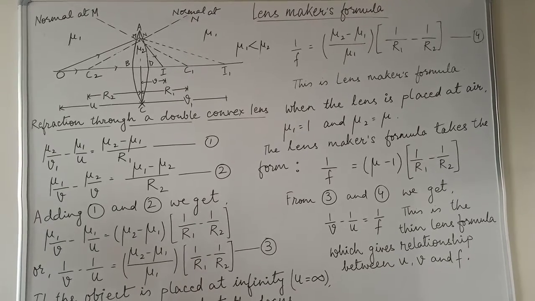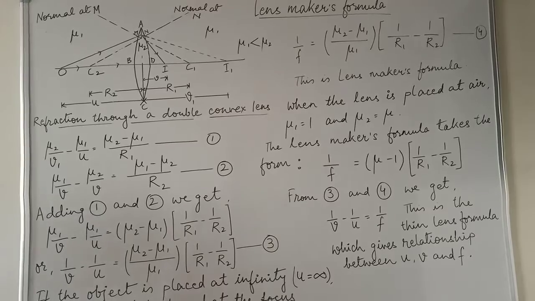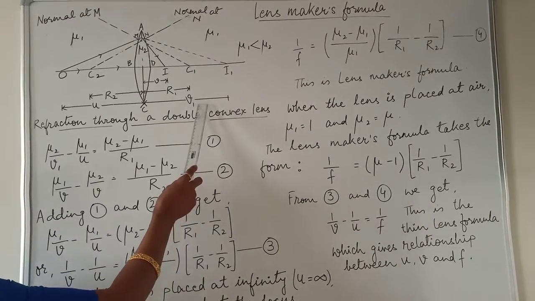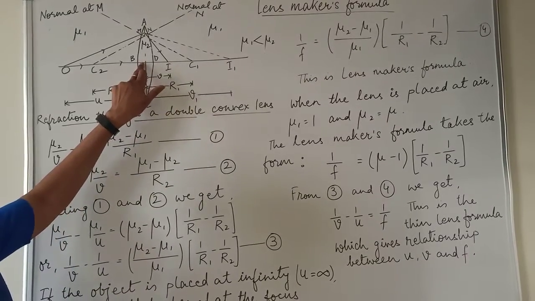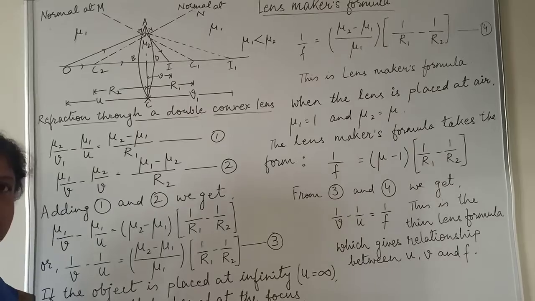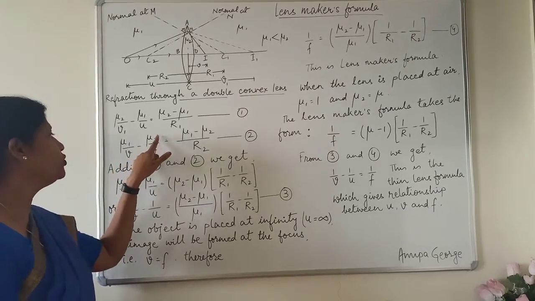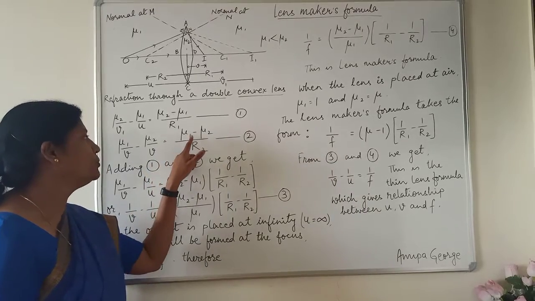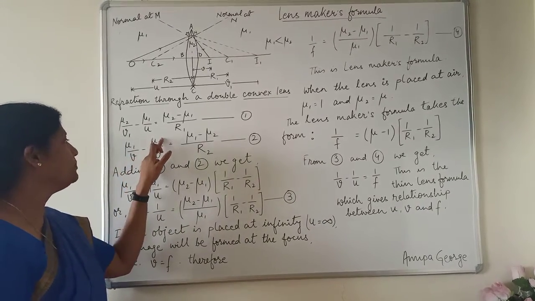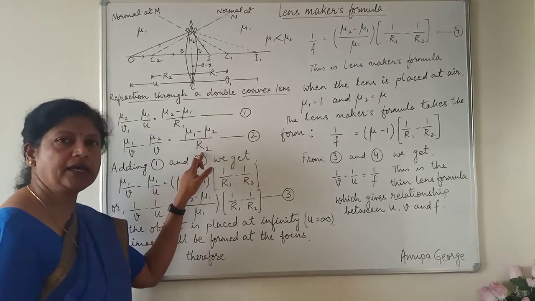Therefore, the relation between the object distance v1, image distance v, and radius of curvature R2 can be written as follows. Optical center to I is v, optical center to I1 is v1. So mu1 upon v minus mu2 upon v1 is equal to mu1 minus mu2 divided by R2.